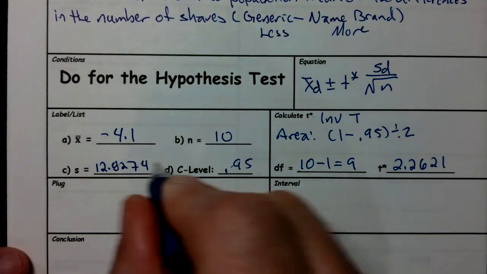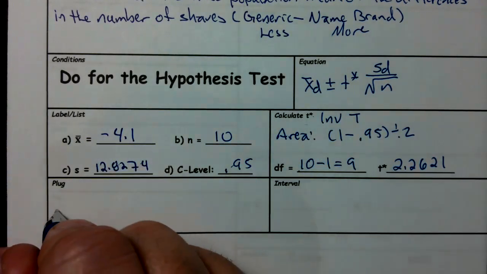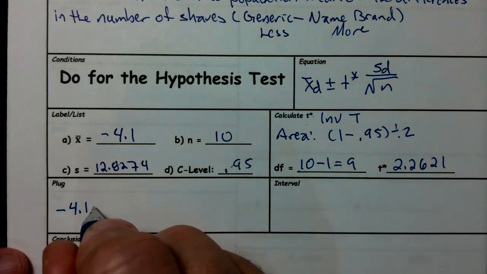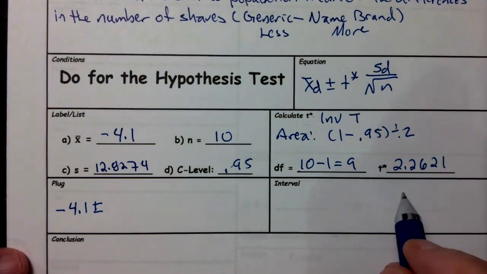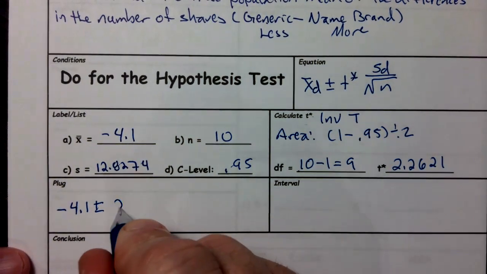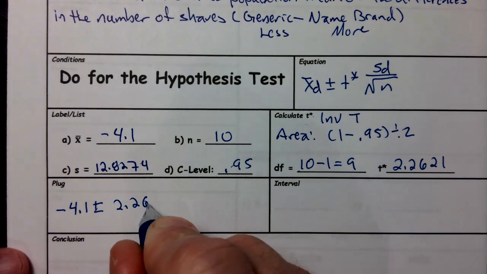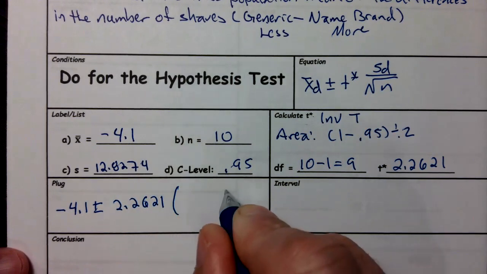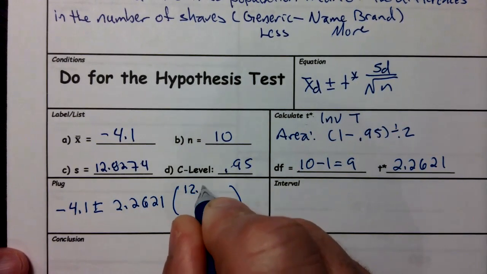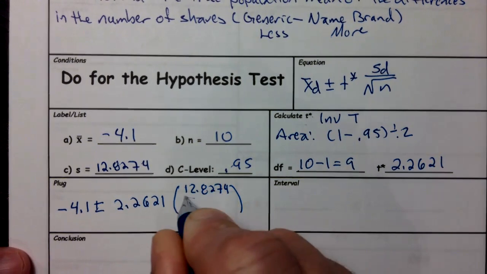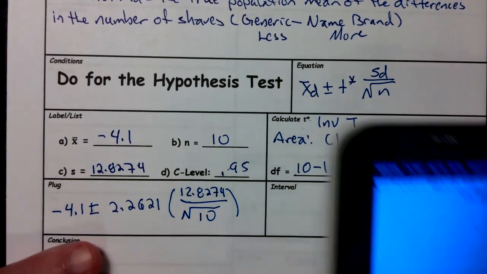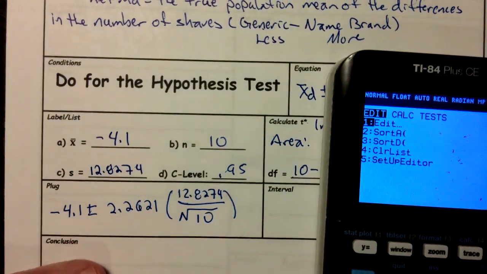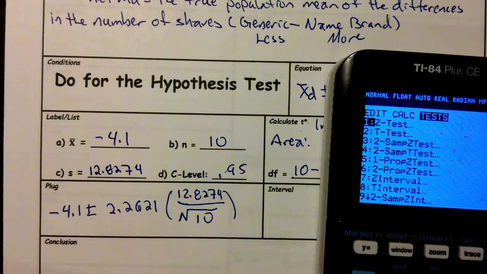So I'm going to plug into the equation. My x bar is negative 4.1, plus or minus t star, which is 2.2621, times 12.8274 over the square root of 10. Great. Now the calculator will do all that computation for us, and we can go stat test and drop down to T interval, which happens to be number 8.